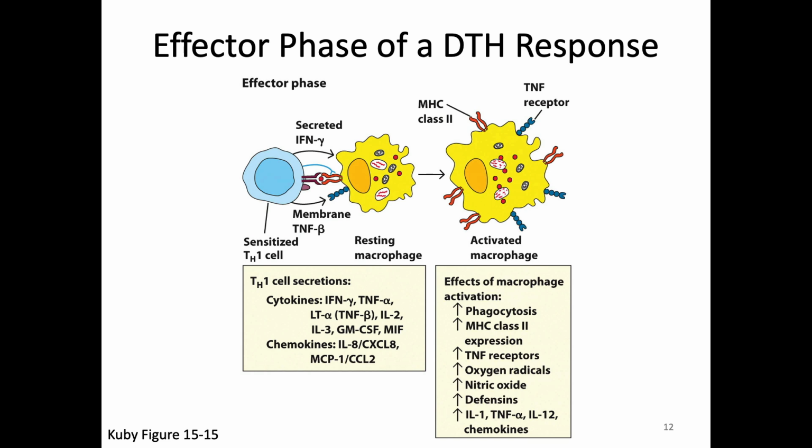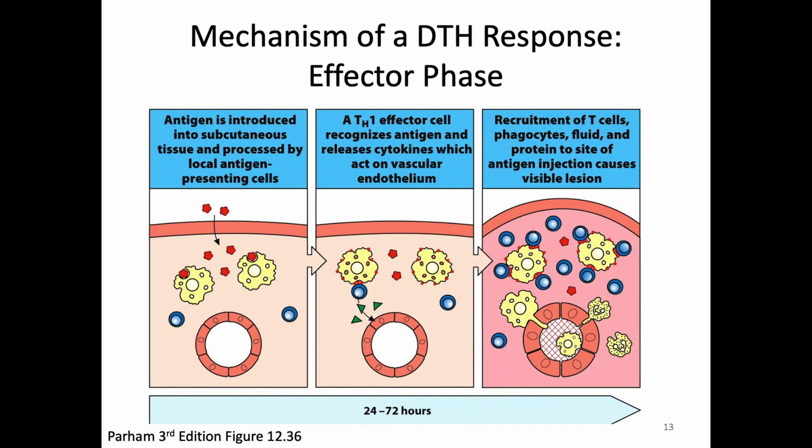And that might look like something like this. So here's our antigen, it goes into the antigen-presenting cell. A Th1 cell, which was made the first time you saw that antigen, the first time I wore the cheap jewelry, now comes to this location and starts to induce a whole lot of inflammation in my skin.